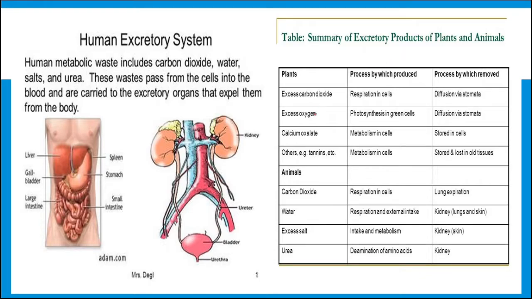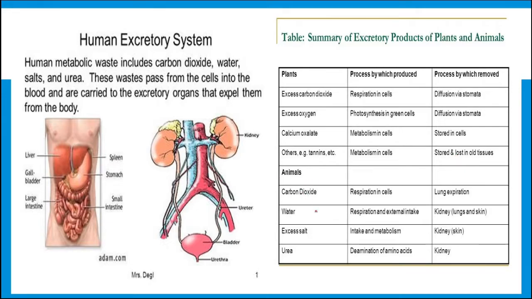In plants, the excretory products are excess carbon dioxide, then oxygen, calcium oxalate and other materials like tannin, etc., and they are thrown outside simply by diffusion, and through the stomata. Sometimes they are also stored in cells and they are beneficial for us.